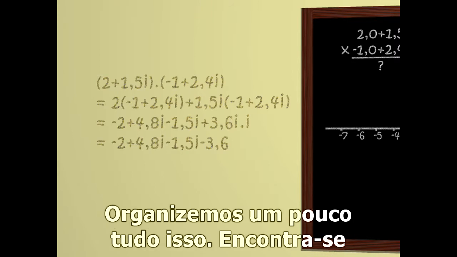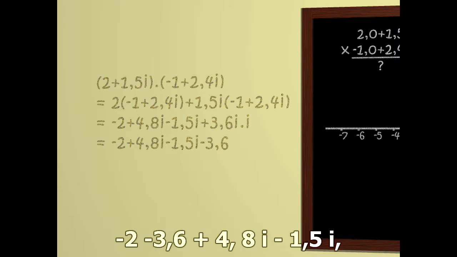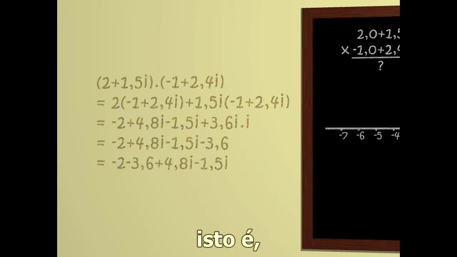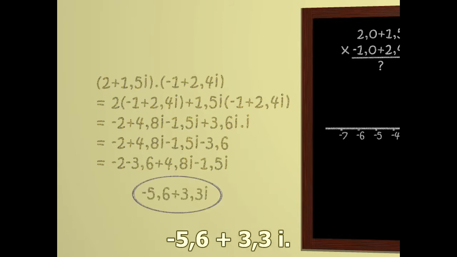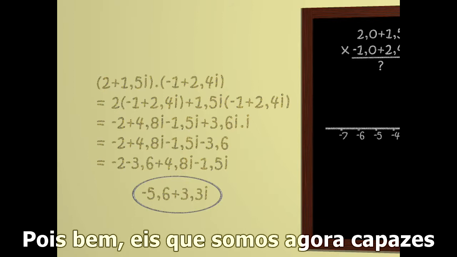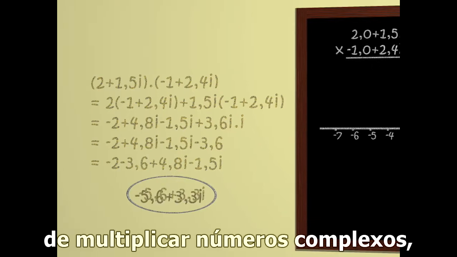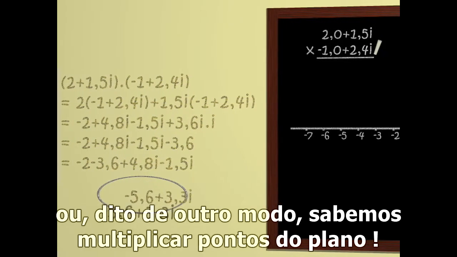And tidying up, that gives us 2 minus 3.6 plus 4.8i plus 1.5i, giving us in all -1.6 plus 6.3i. There you are. We know how to multiply complex numbers. In other words, we can multiply points in a plane.